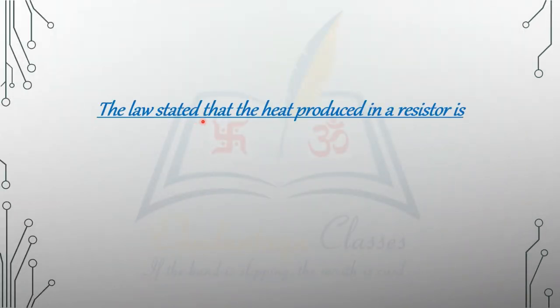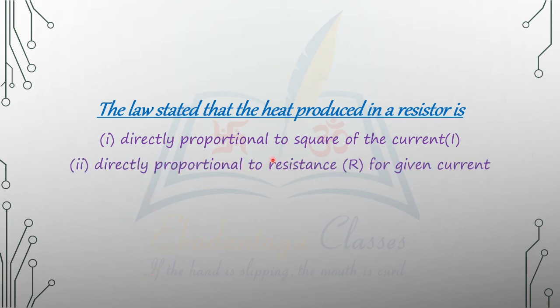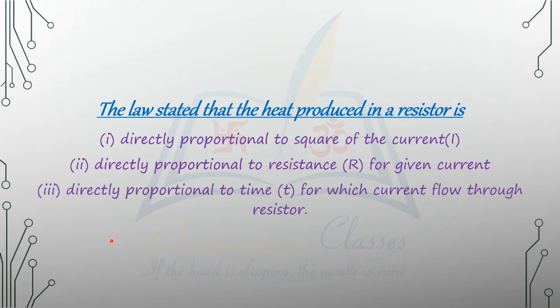This law can be stated that heat produced in a resistor is directly proportional to square of a current, I square. That is, H is equal to I square, directly proportional to resistance for a given current, and directly proportional to time for which current flows through the resistor.